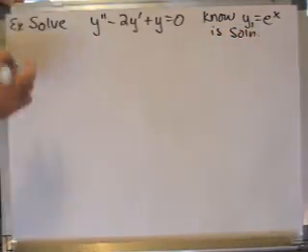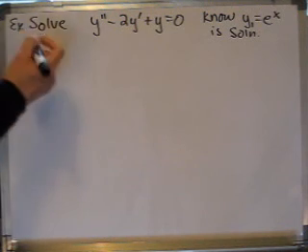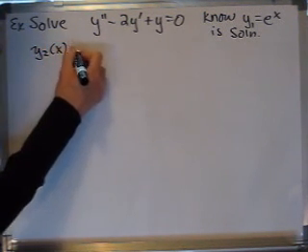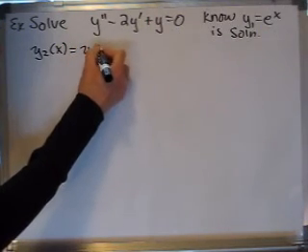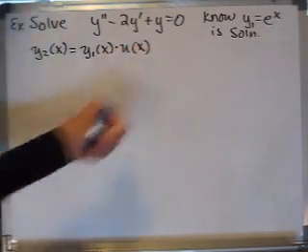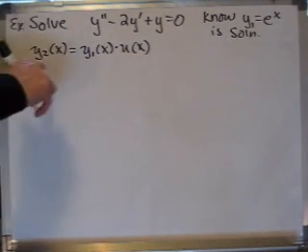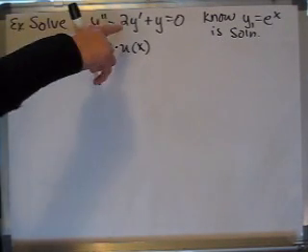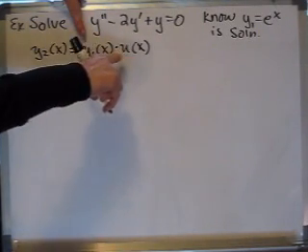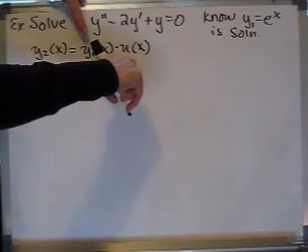Reduction of order involves constructing the second solution y2 by assuming it is the first solution y1 of x times some unknown function u of x. We're going to take the derivatives of y2 and plug them into the differential equation, and use the differential equation to try to solve for u of x.